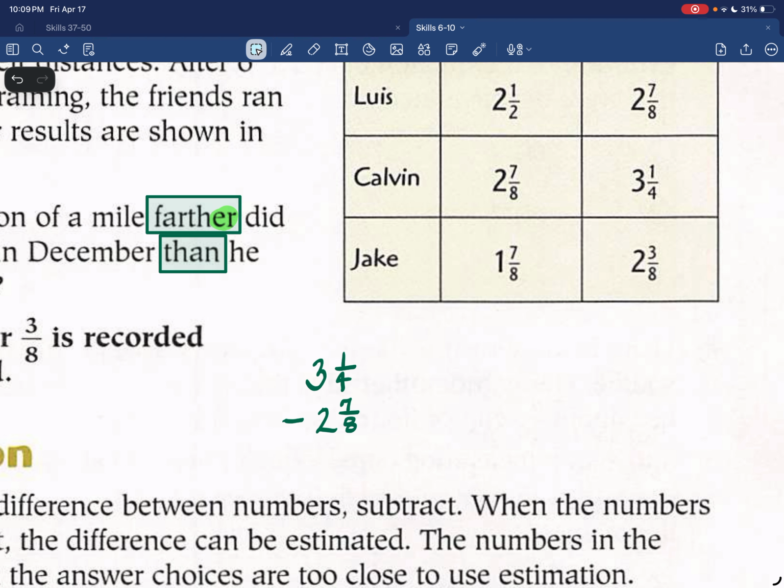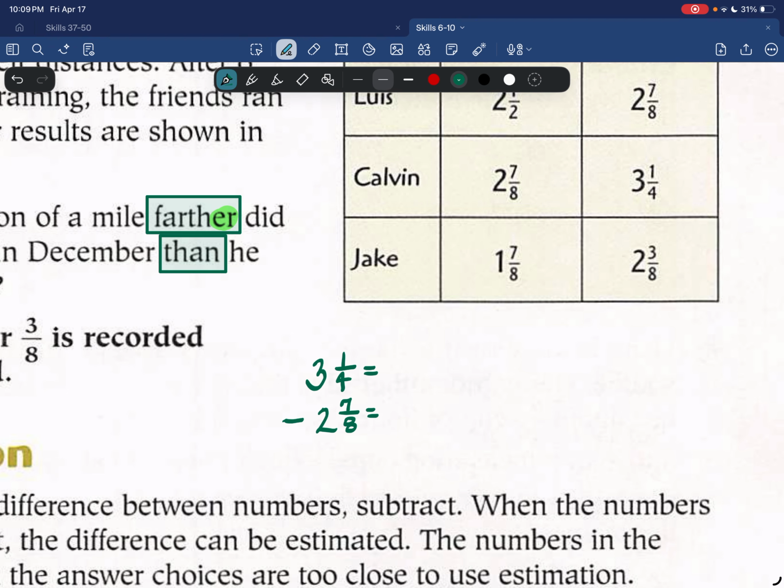The first thing I need to do is get a common denominator. So if I think through the multiples of 4 and 8, I know that the 8 will work. It's already working on the bottom. But here I would need to say 4 times 2 is 8 and 1 times 2 is 2.